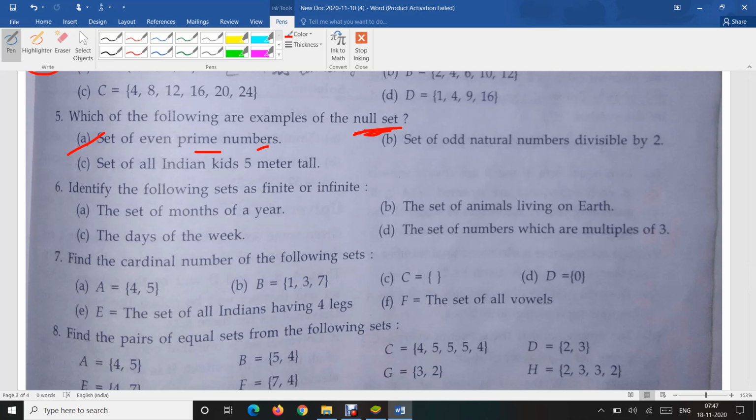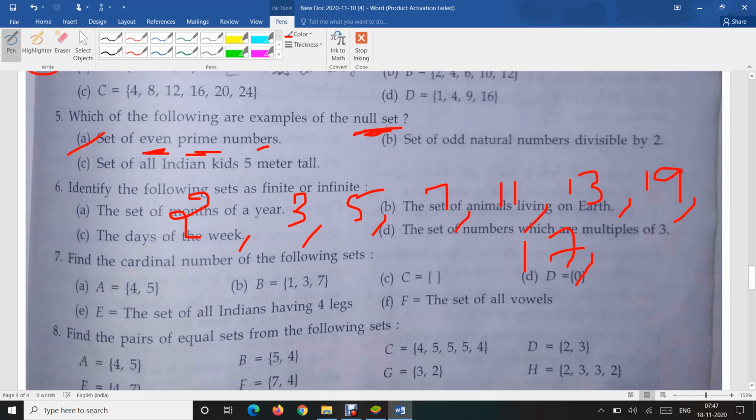I already told you that the only even prime number is 2, because prime numbers are those which have only 1 and itself as factors, and cannot be divided by any other number. These numbers are 2, 3, 5, 7, 11, 13, 17, 19, 23 and so on.